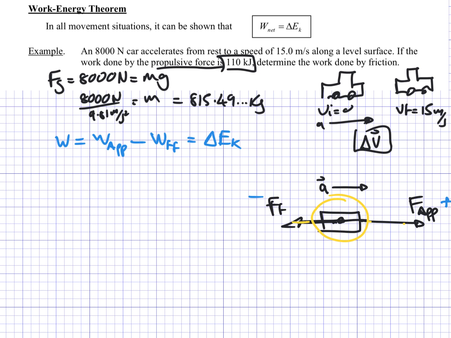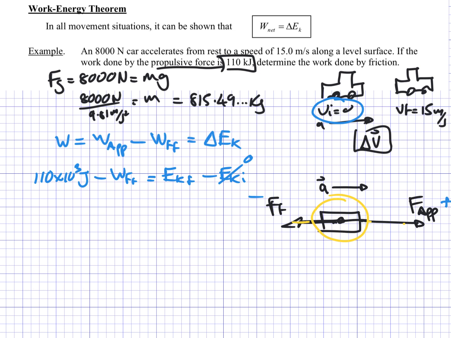Well, the work done by the propulsive force is 110, so let's put that in. So 110 times 10 to the 3 joules minus the work done by friction, and that's going to equal the delta EK. Well, delta EK is going to be the final kinetic energy minus the initial, so let's put that in. So the EK final minus the EK initial, that's the change, but the EK initial is going to be 0 because it had a 0 initial velocity. Okay, let's keep going.